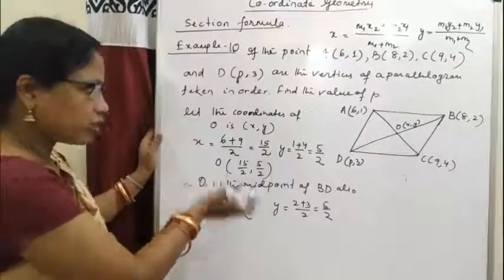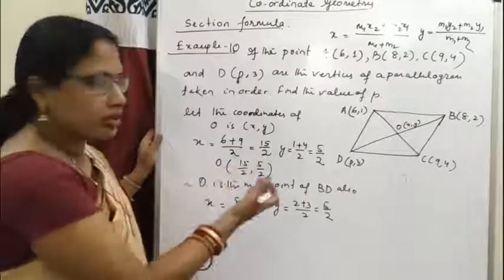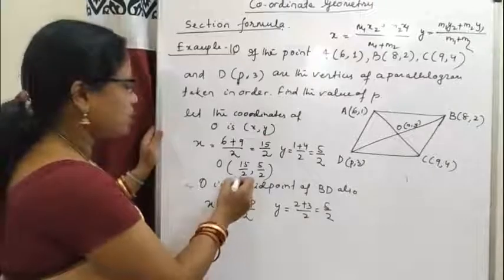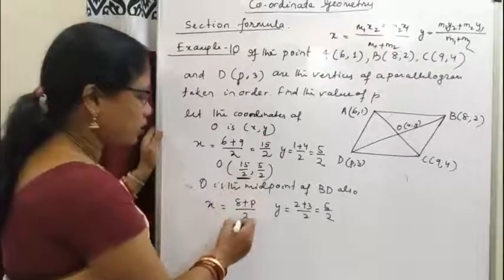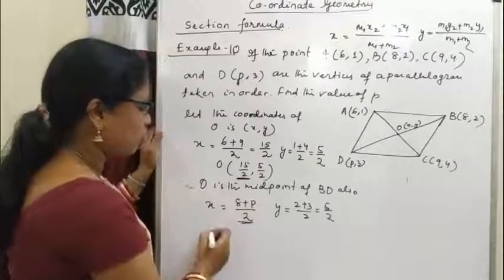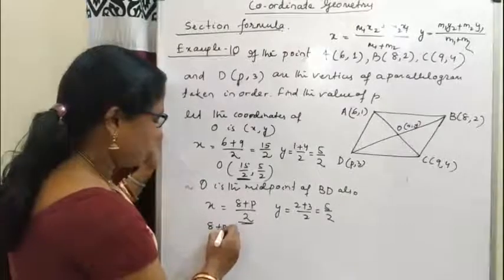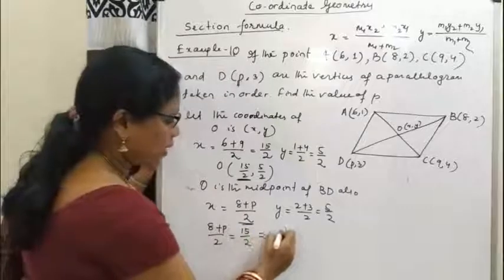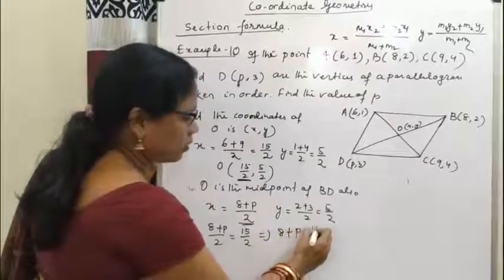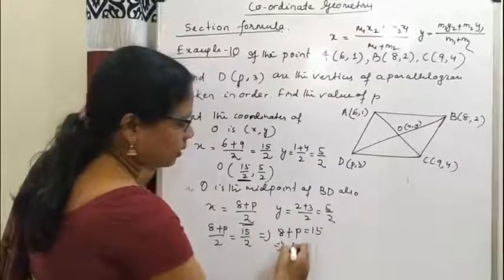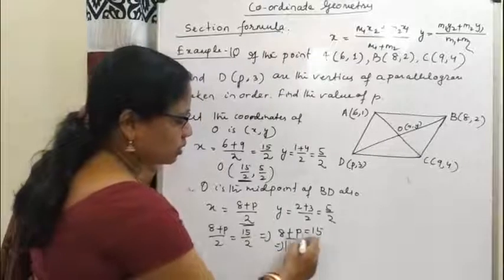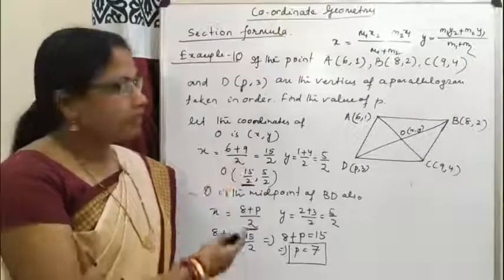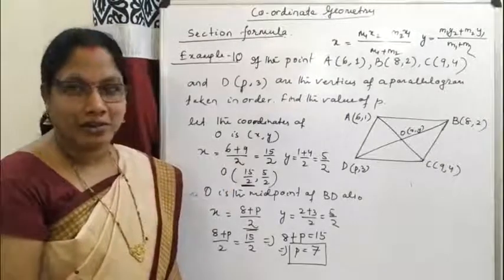So the x coordinate of O is the same whether we take A and C or B and D. So that means the value of x, 15 by 2, is equal to 8 plus P by 2. So 8 plus P by 2 is equal to 15 by 2. So this implies 8 plus P is equal to 15, or P is equal to 7. So this is the value of P. So these are the applications of the section formula in solving other problems.